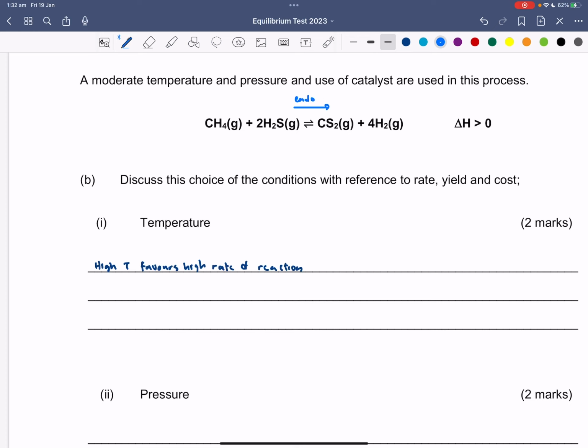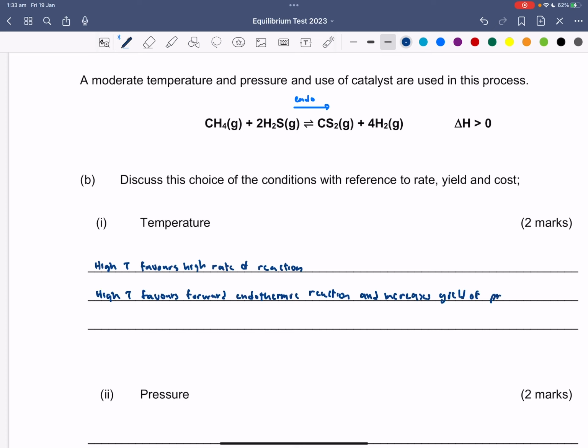And what would favor an endothermic reaction? High temperature favors the forward endothermic reaction and increases the yield of products.